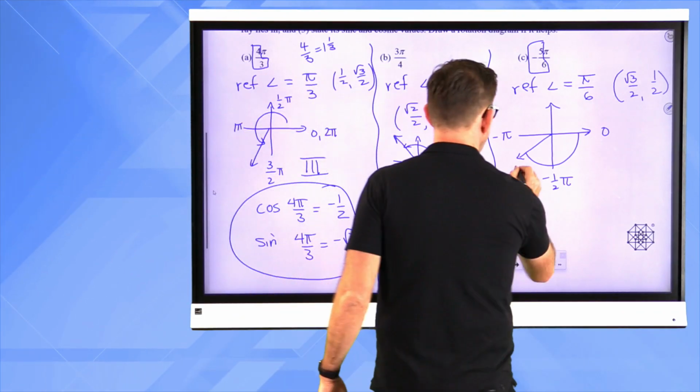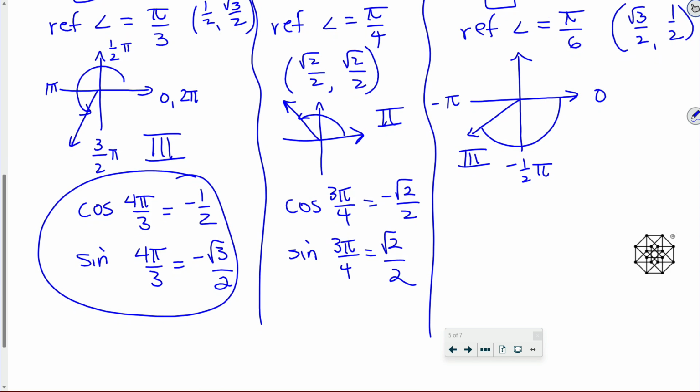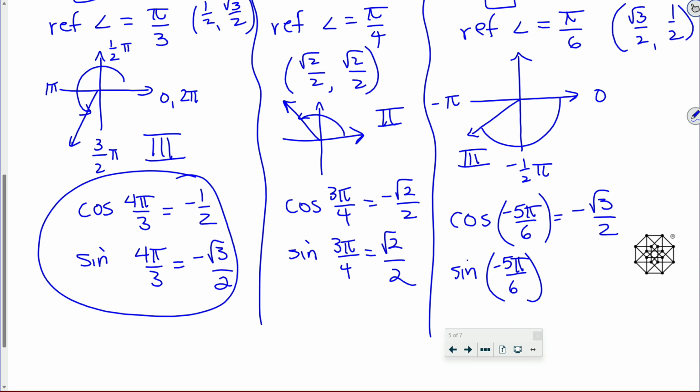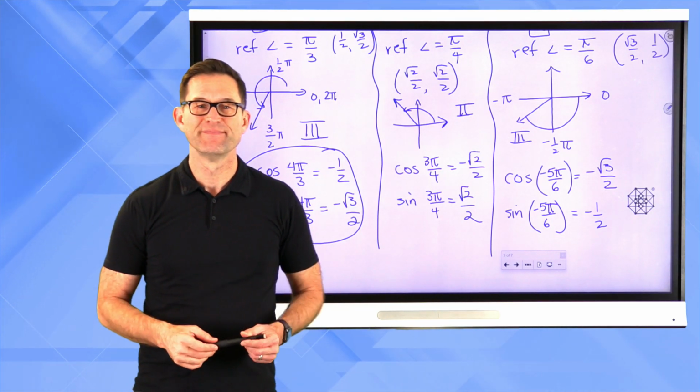So we're talking about the third quadrant, which means both of these quantities are negative, and that means that the cosine of negative 5 pi over 6 is going to be negative root 3 over 2, and the sine of negative 5 pi over 6, maybe I'll put parentheses around here so it doesn't look like subtraction, is going to be negative 1/2. All right, and that's it.